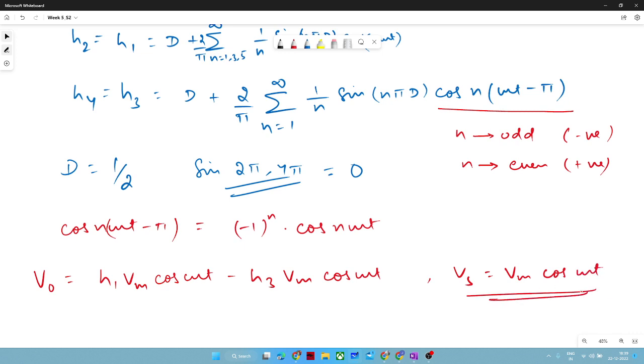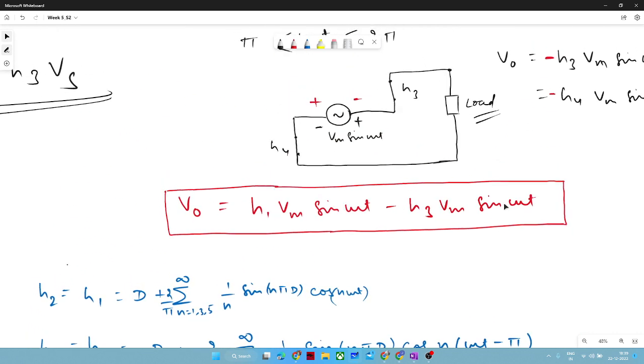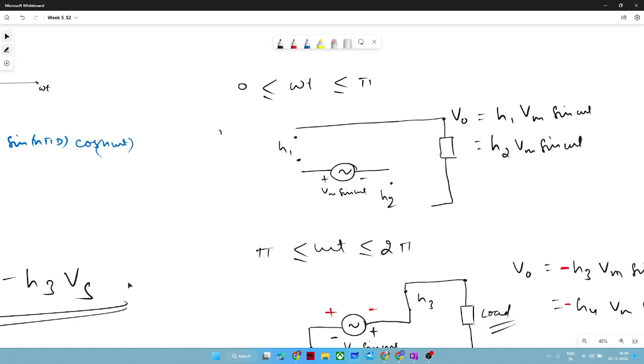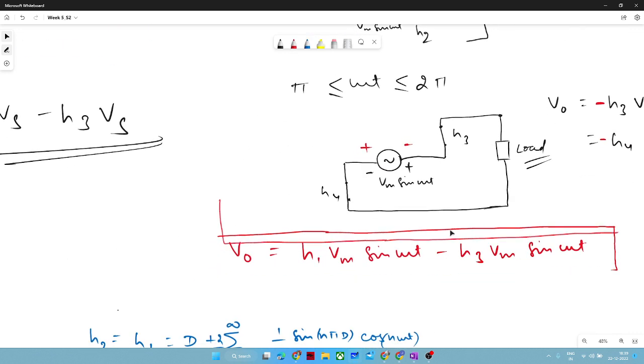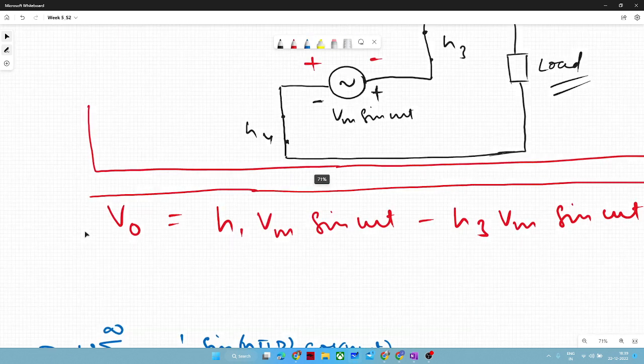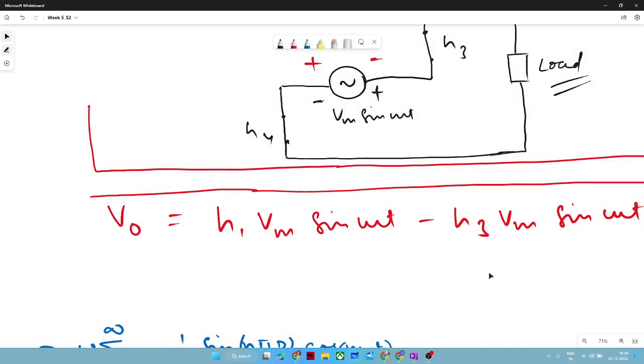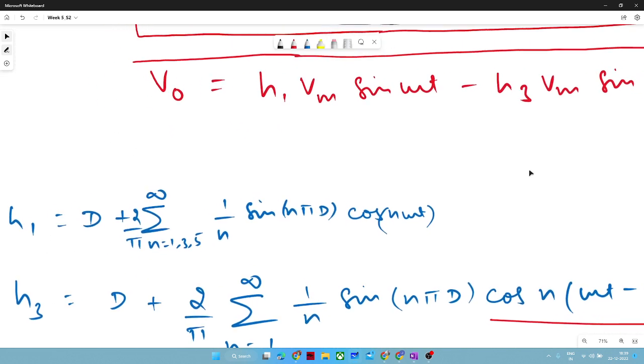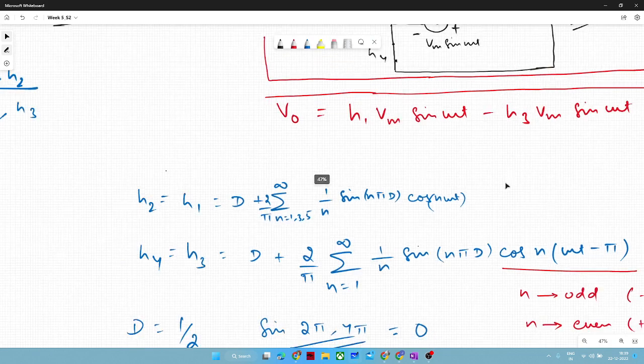That is another reason why people generally use sin omega t in supply. I am taking cos omega t in supply because I am taking these pulses starting from minus d pi to d pi.